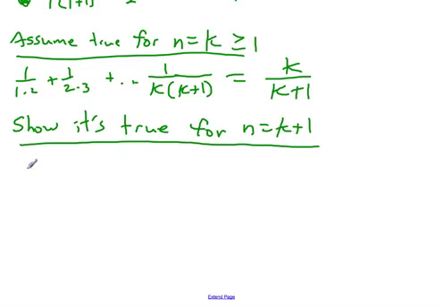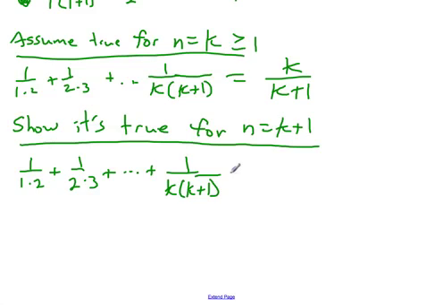Alright, so if we have n equals k plus 1, we're going to do this sum, 1 over 1 times 2 plus 1 over 2 times 3 plus, up to 1 over k times k plus 1 as the second last term. The last term is 1 over k plus 1 times k plus 2.